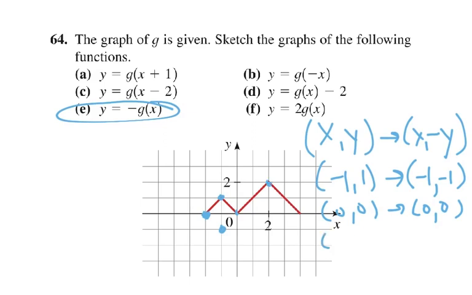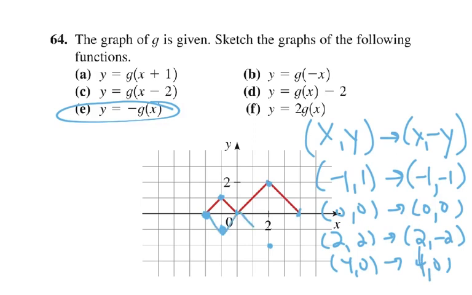The next ordered pair here is 2, 2. It's going to become 2, -2. And then this one here is 4, 0. And when I switch y, I can't make 0 negative, so it stays the same. So you end up with a graph that looks like that.